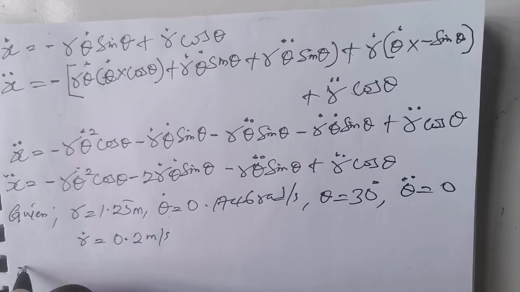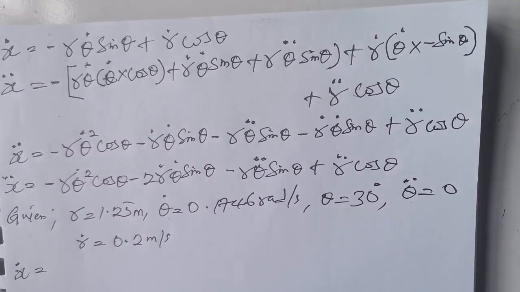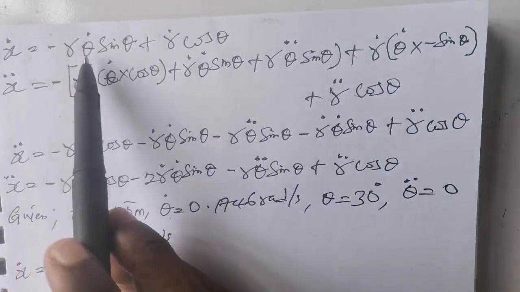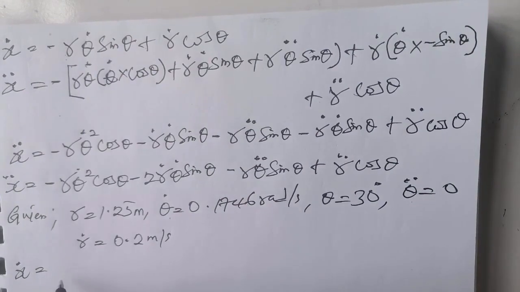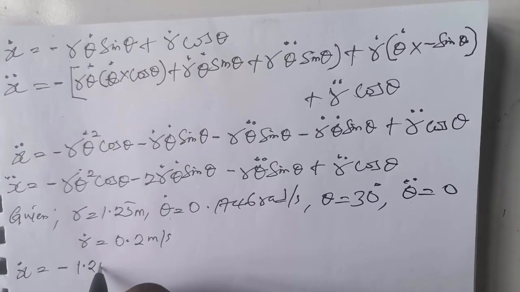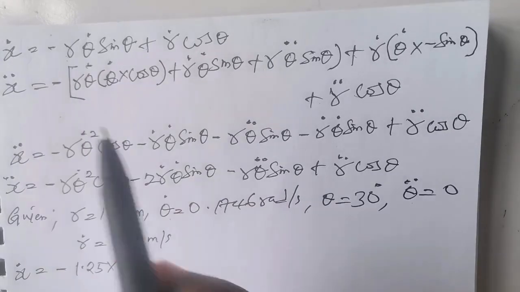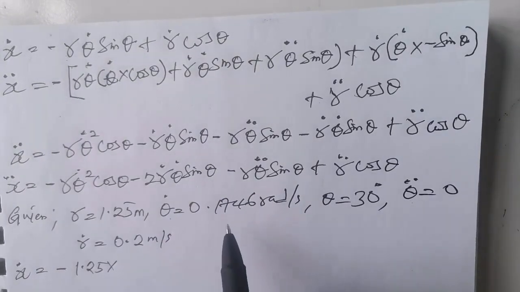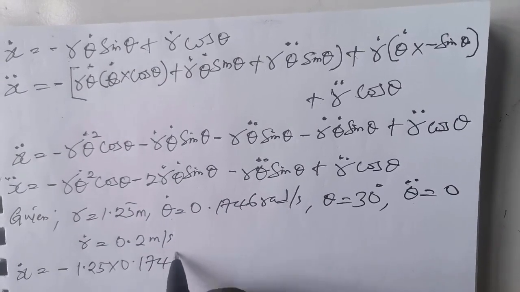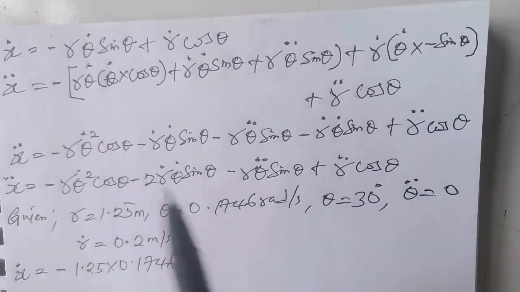So we have x dot to be equal to, so remember from here we have minus r theta dot sine theta. So this is minus, r is 1.25. So you have 1.25 multiply theta dot, and theta dot is 0.1746 multiply sine theta.